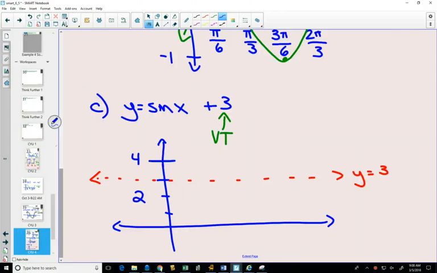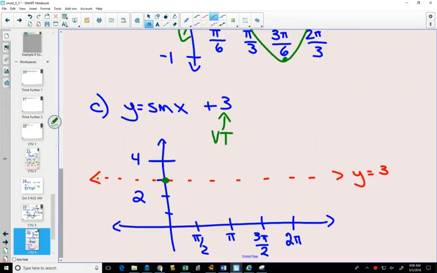Since our whole graph has been moved up, amplitude is still 1, but now our center line's at 3, our maximum will be at 4, and our minimum will be at 2. We still go along our x-axis and mark 1 period. Our period in this case is 2 pi. We still divide it into 4 equal sections. And now for graphing this, this is why all along I've been saying our sine graph starts in the middle going up.